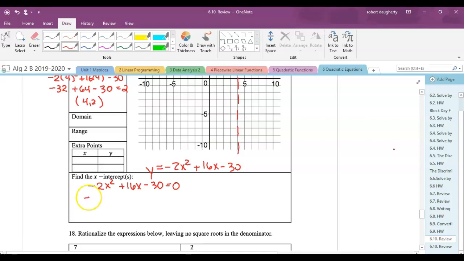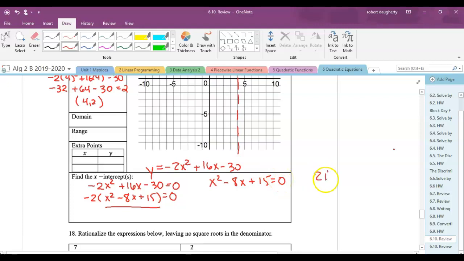I can factor out a negative 2, and I get x squared minus 8x plus 15 equals 0. Now, what has to be set equal to 0? This is only going to be 0 when what is in parentheses equals 0, because the negative 2 will never equal 0. So when does x squared minus 8x plus 15 equal 0?